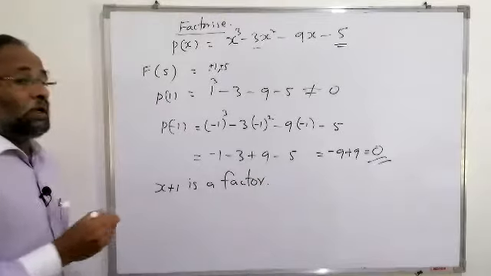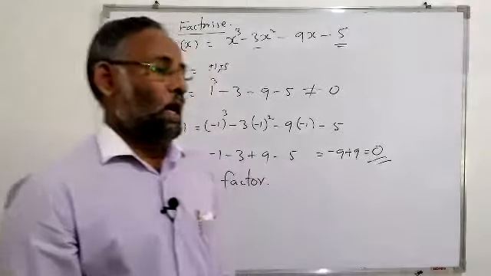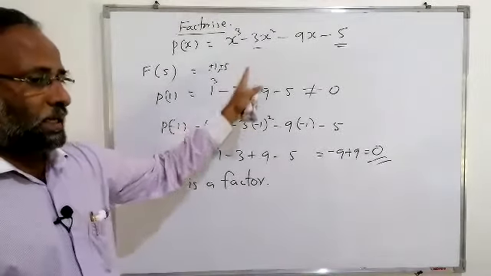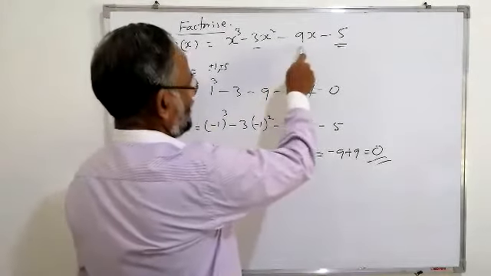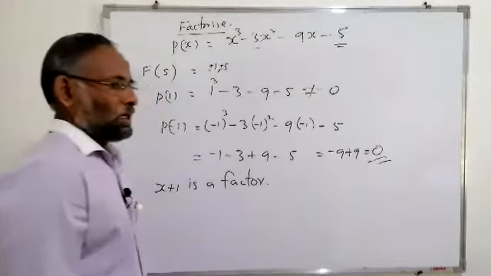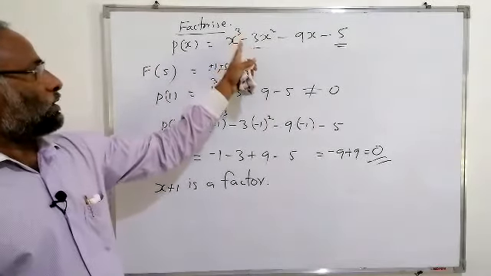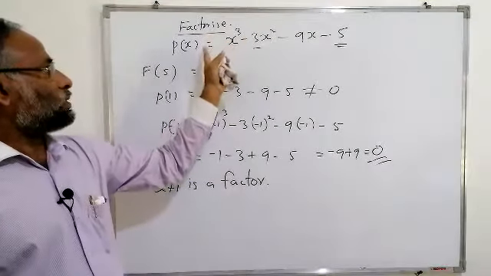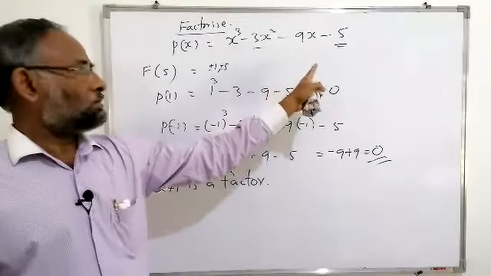Dear children, I told many things now. Very slowly I told. I think you understood. Or if you didn't understand, listen to me again. Here there are 1, 2, 3, 4 terms. That means the degree of this polynomial is 3. We are factorizing a cubic polynomial. At most 4 terms are there.